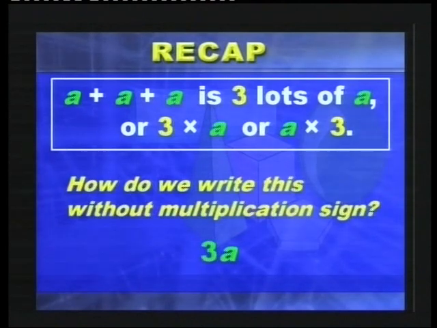The answer is 3A. Remember, in our previous lesson, we sometimes omit the multiplication sign because there is a chance of confusing the letter X and the multiplication sign. So when we are multiplying in algebra, we omit the multiplication sign.